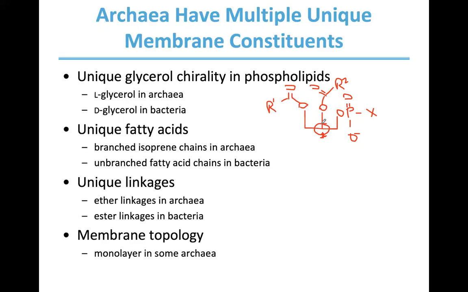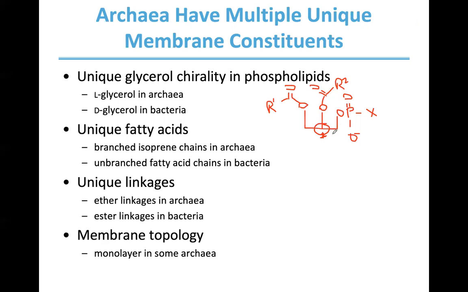You can see it has oxygen, CH2, oxygen bound to two different types of substituents, right? If you go to the left, it's bound to the ester of a fatty acid.